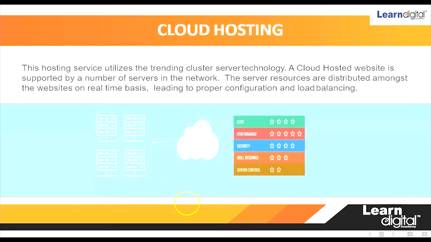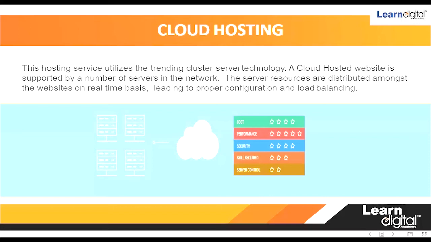What will happen if a server fails? Your website won't be live over the internet, right? Chances are there. But in cloud hosting, multiple servers are connected with each other. So suppose any one of the servers fails, another server will take the complete backup of your website and your website will be live 24 by 7, right?